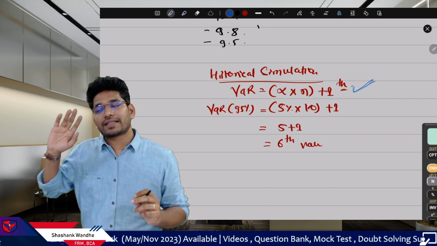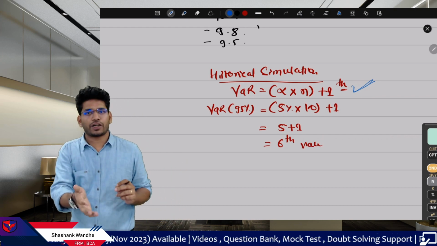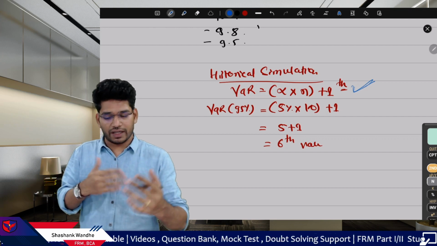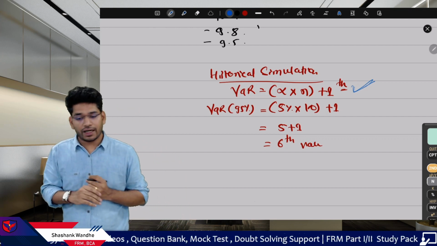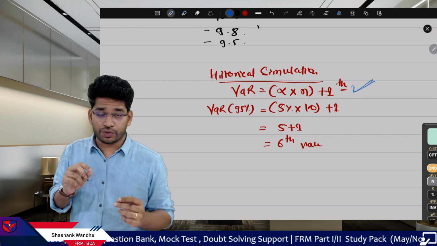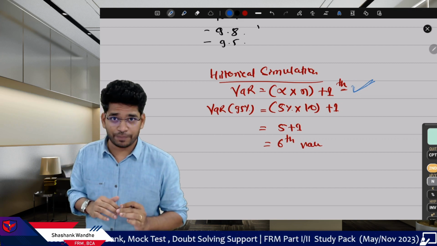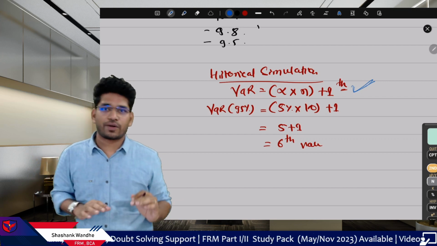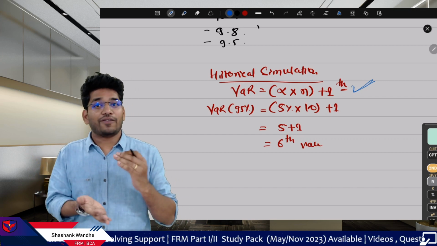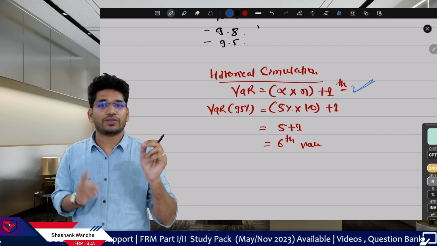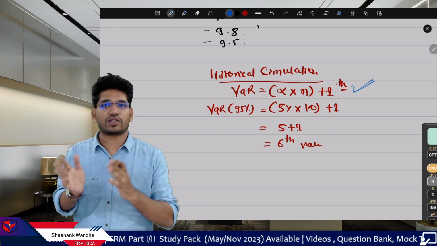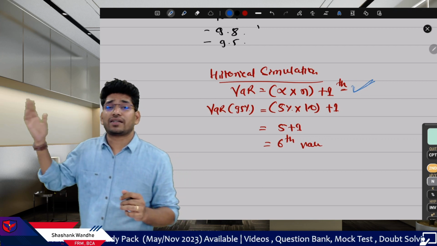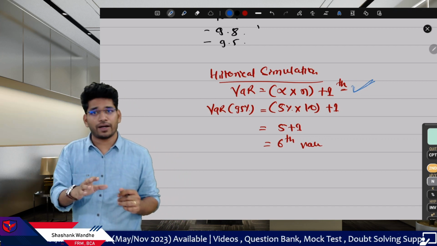GARP was asking these questions again and again, like the expected shortfall. Until 2019, from the questions we collected and discussed with students, students used to get two expected shortfall questions, more or less similar, where you are supposed to calculate the expected shortfall. What was the reason for this? GARP knew students make mistakes in this area, and that's why GARP was repeating those questions in the examination. Students used to get a historical simulation question in FRM part 2.